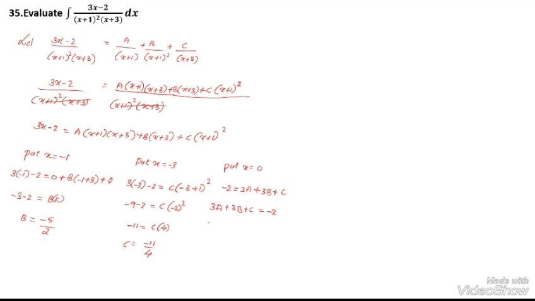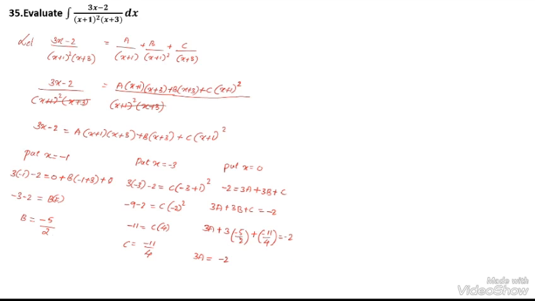We want the pure 3a value, so I'm taking 3a here plus 3 into b, where b is minus 5 by 2, plus c, which is minus 11 by 4, is equal to minus 2. That's why I'm taking all the terms to the right side.